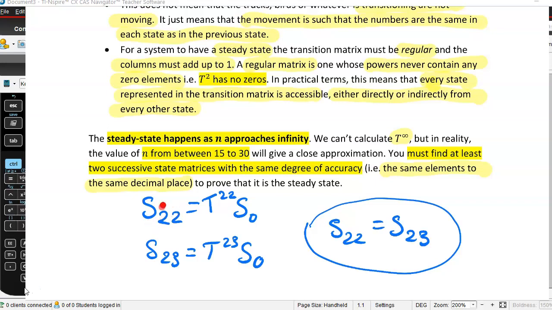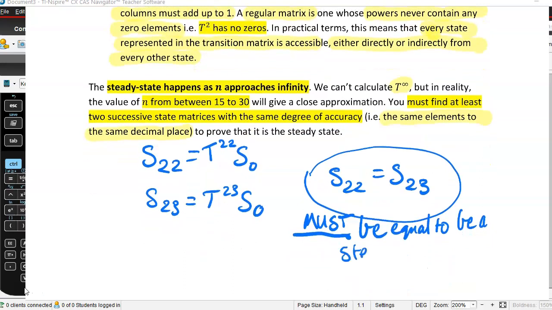So if I guess n being 22, for that to be the steady state, n23 must be equal to it. Must be equal to be a steady state.